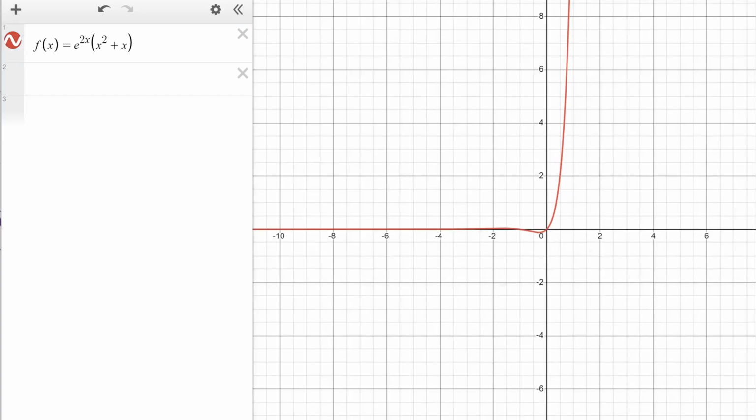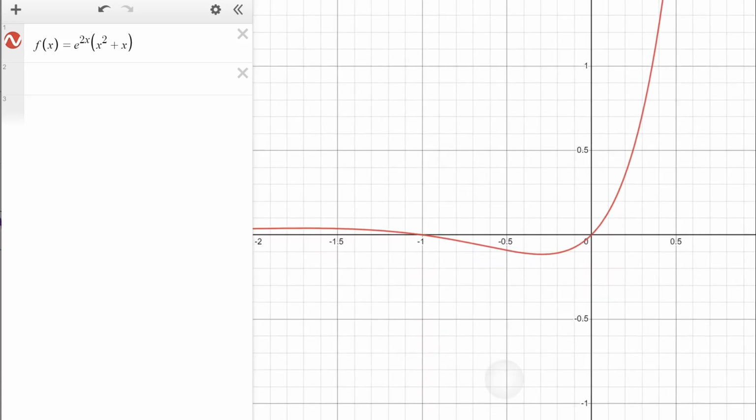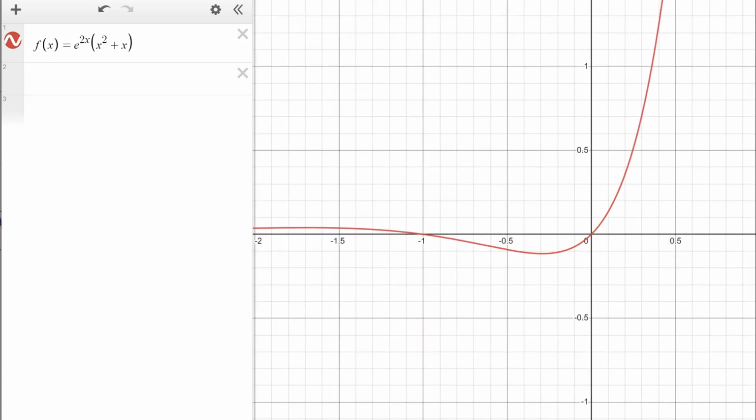So I'm going to go ahead and zoom in here a little bit, and you'll notice that you can see a little bit better what's actually happening there. So from my calculus work, I know that I should have a point where the function has a minimum value at about x equals negative 0.3. So approximately right here, I have a place where I should expect there to be a minimum value.